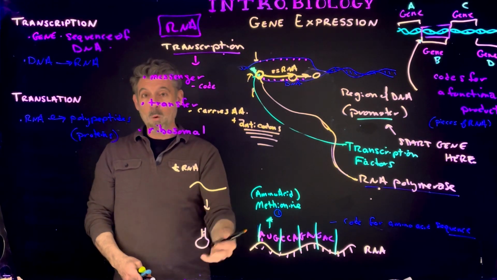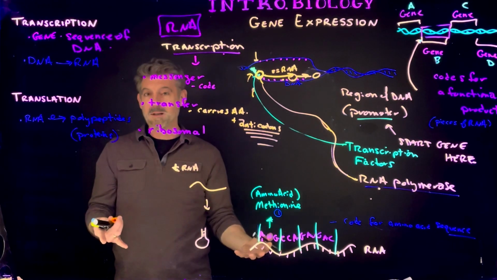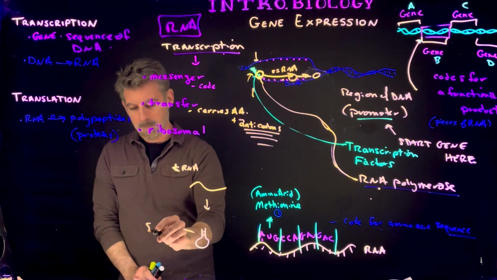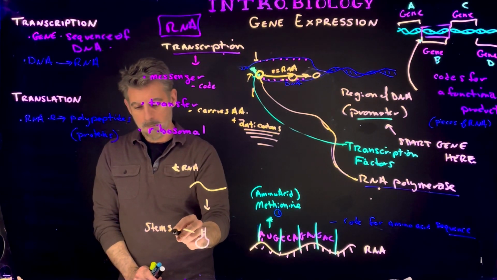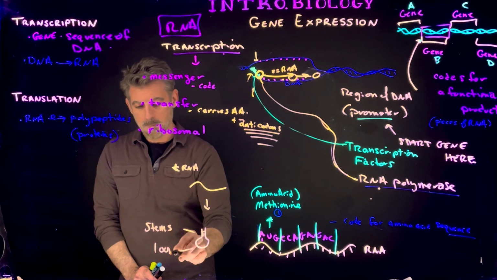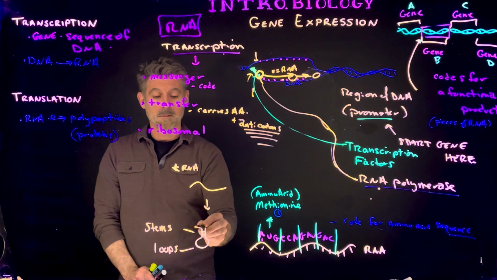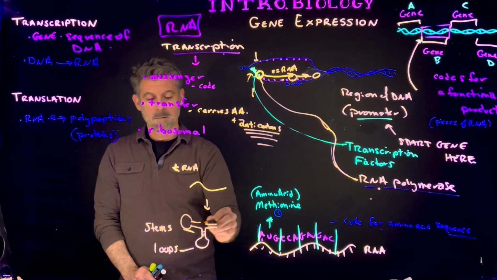RNA folds itself into three-dimensional structures using these stems and loops. With transfer RNA, you end up with 3 loops and 4 stems.